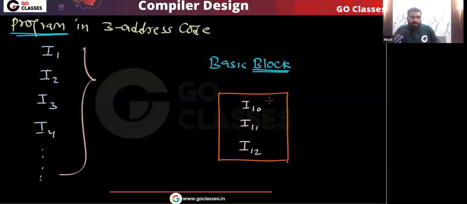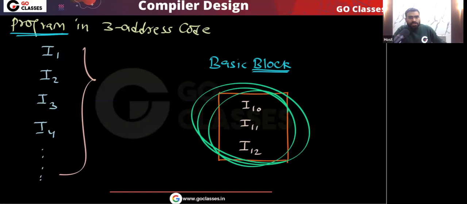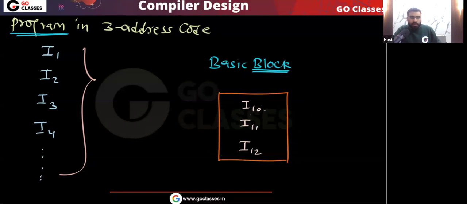Remember, this is a consecutive sequence of instructions where these instructions will always execute as a group. Means either all three will execute or none will execute. See, remember, these three are true friends. They are very close friends.